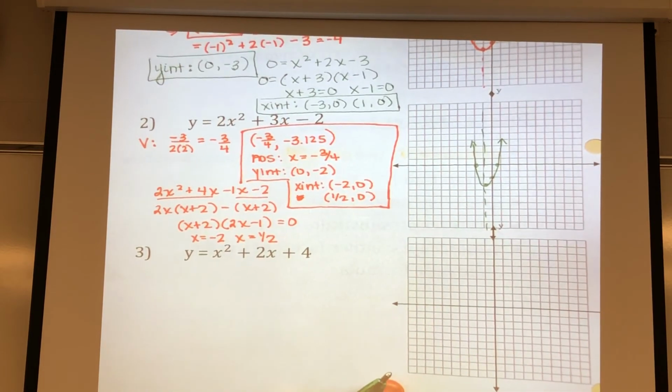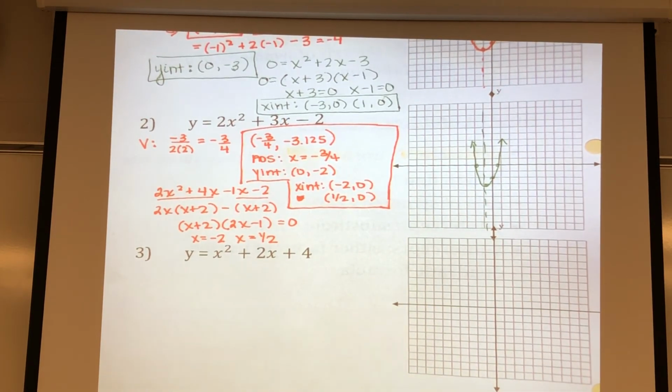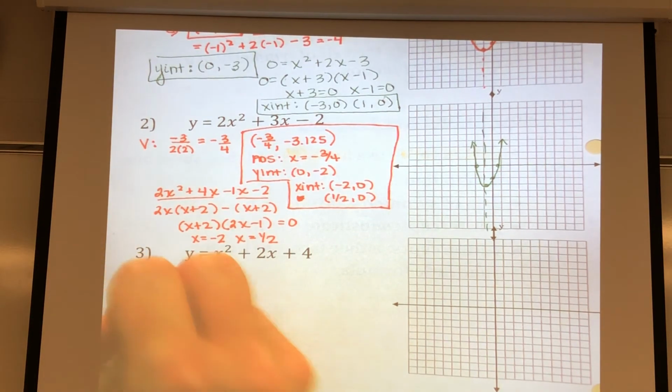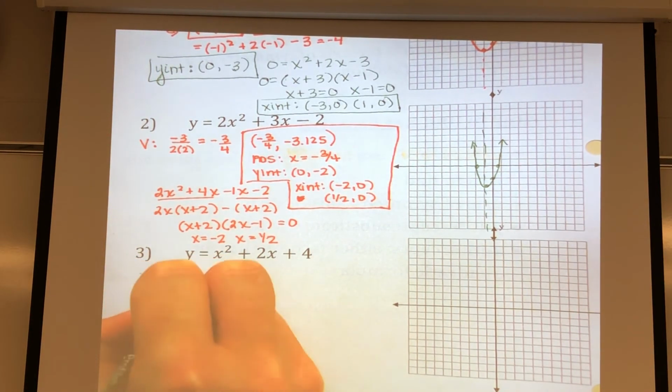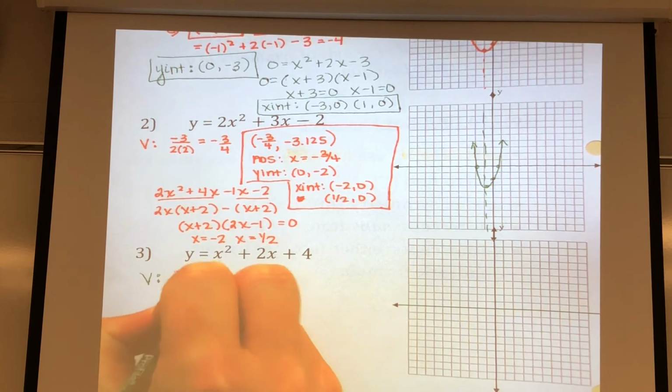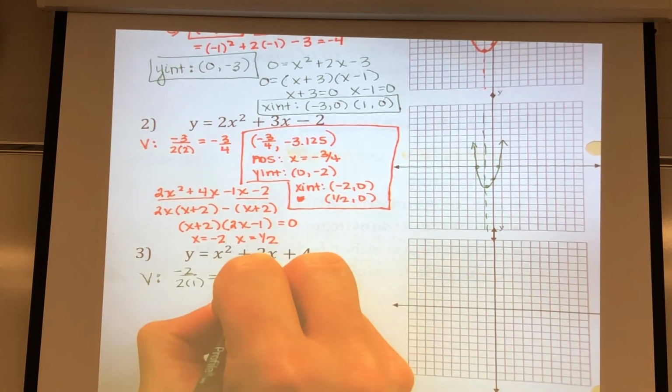All right, and then number 3 is our last one. So please, again, write it down, hit pause, try to find those 4 things, and then graph it. And then come back and check and see if you got all the information correct. All right, so for the vertex, we take the opposite of B over 2 times 1. We get -1, put that back in.